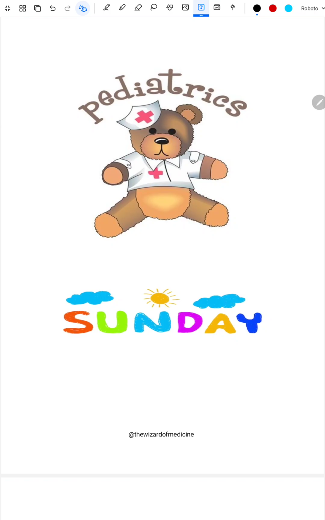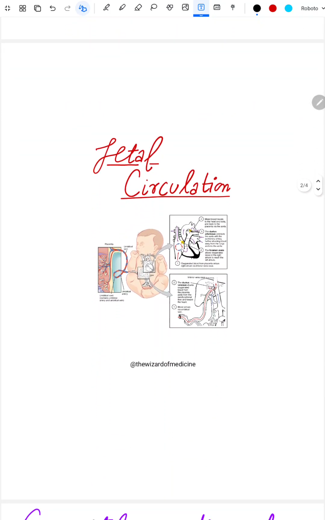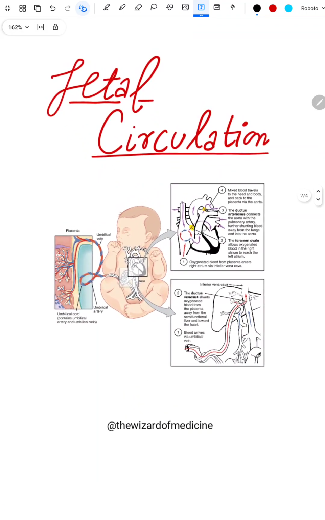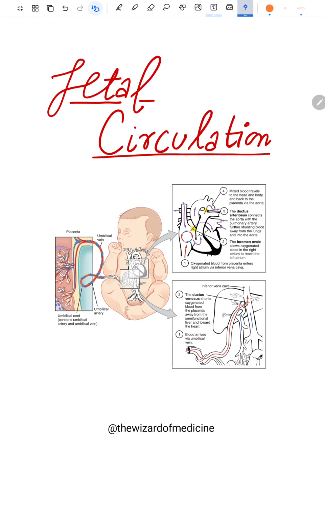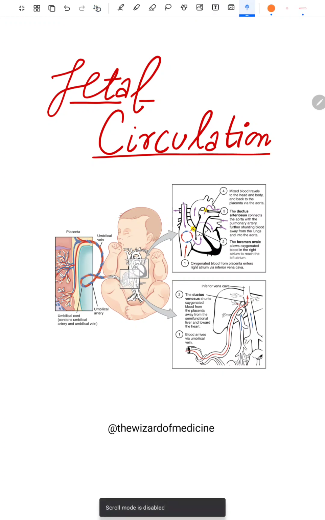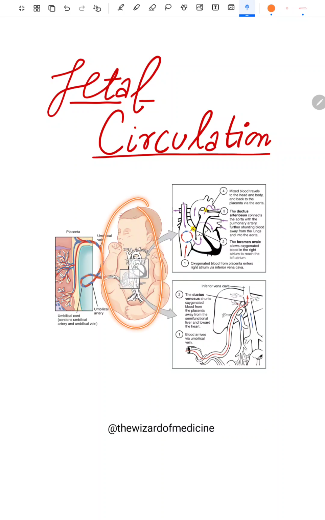So what's special about this Pediatrics Sunday? Yes, today we'll be discussing the fetal circulation. About the fetal circulation, you need to know that during fetal life, the lungs are not functioning.